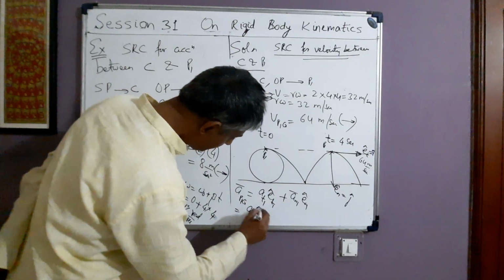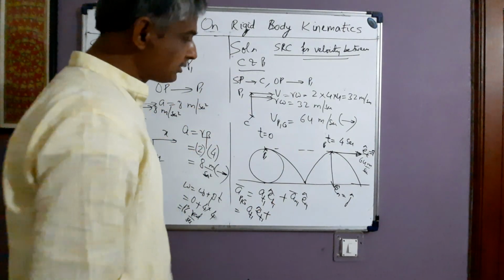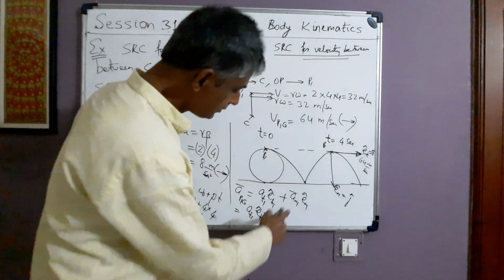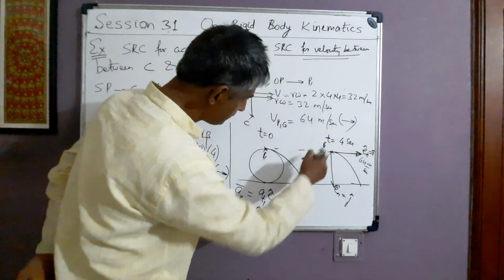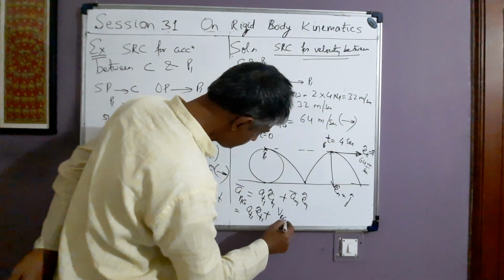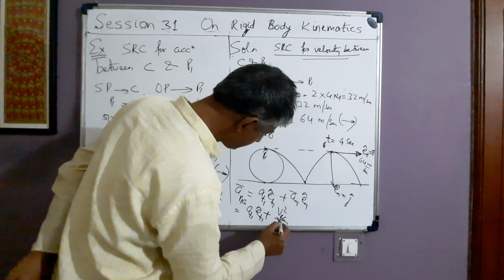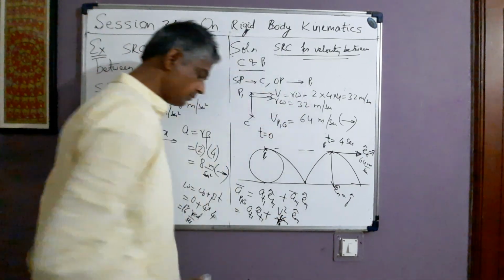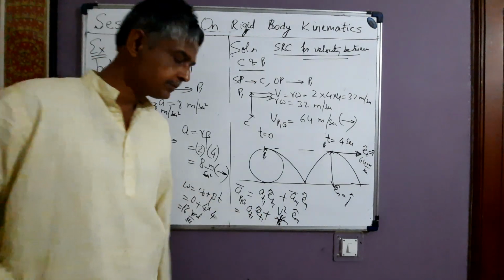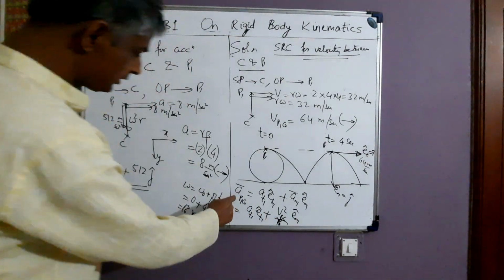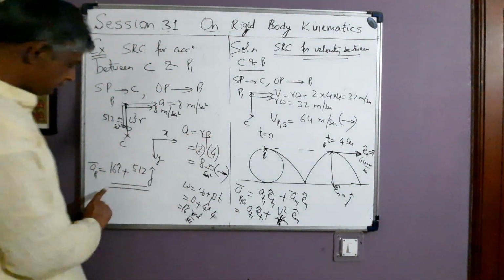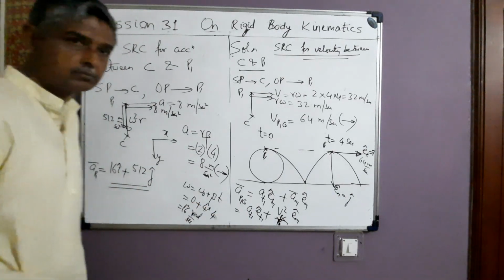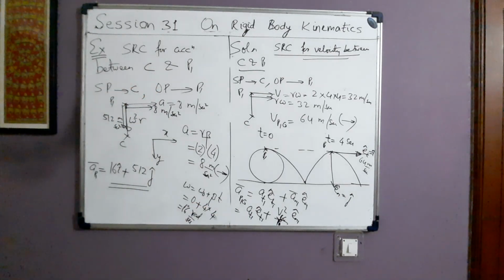And an1 is the normal acceleration of P1, which is in this direction. This becomes how much? Speed of this point P1, Vp1g square by rho 1, into En1 hat. Okay, this is AP1g. Alright. So this term and this term, they are identical.